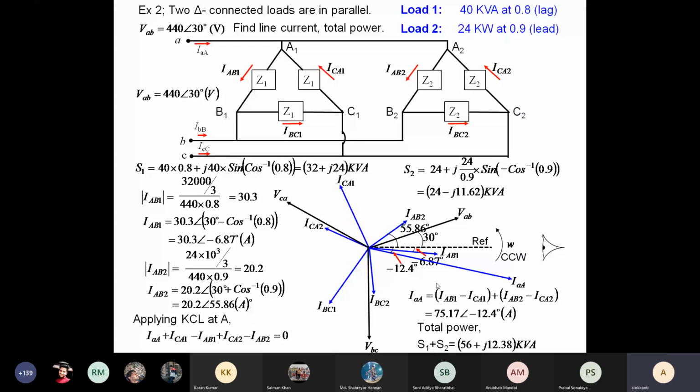That is actually the case in most practice. There are different types of loads, star connected, delta connected, all connected to the same line, and all of them contribute to the line current. So that has to be very carefully determined.